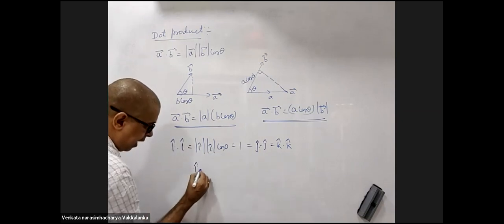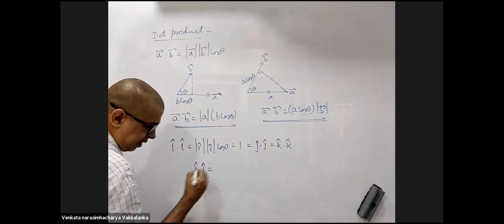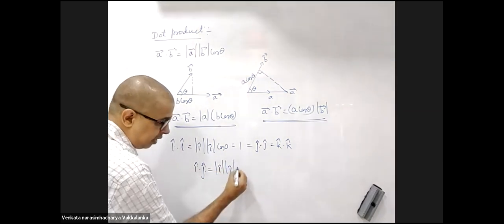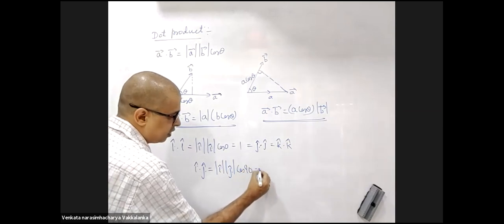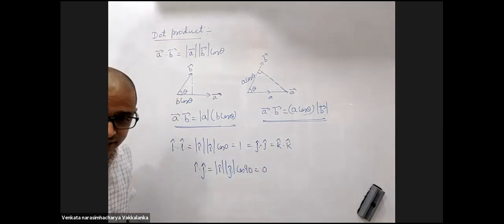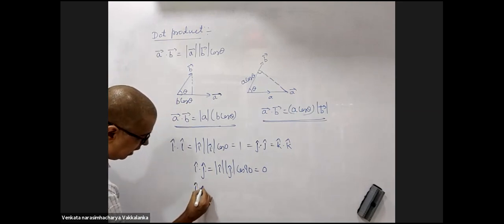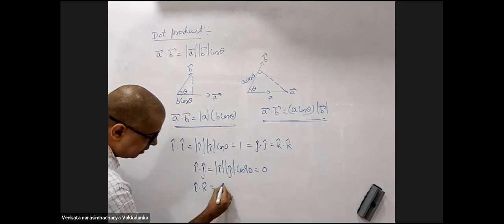But then I dot J will be magnitude of I into magnitude of J into cos 90. What is cos 90? Zero. Right? I dot K is 0.